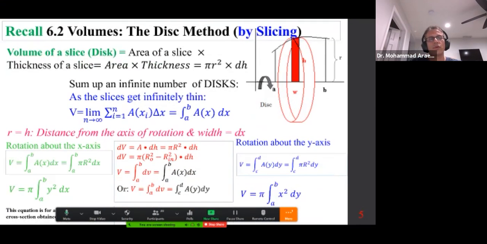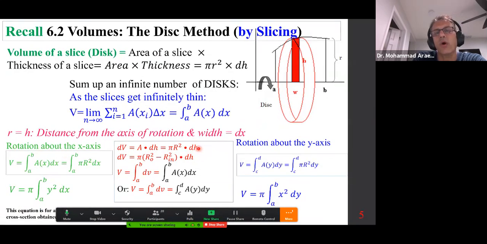Okay, what I'm interested for everybody to remember and to know is this. If you stick with this class, all you have to do is figure out the R and dH. dH is always dx or dy, that's all. And then if it happens, this is the method of disk.